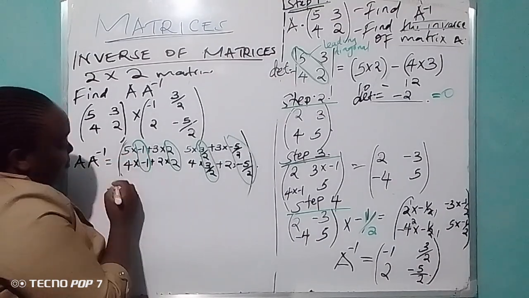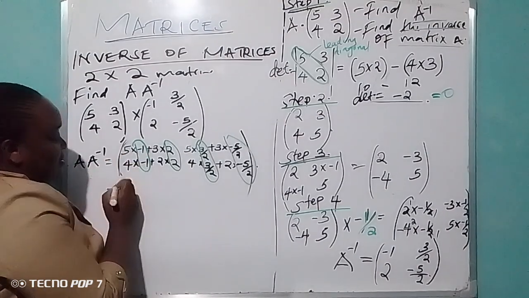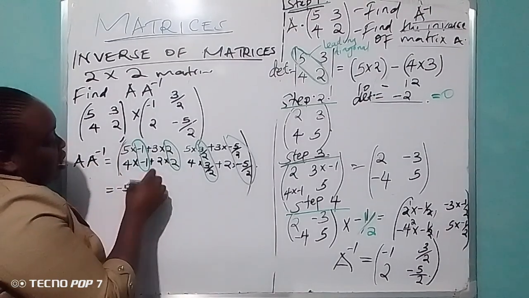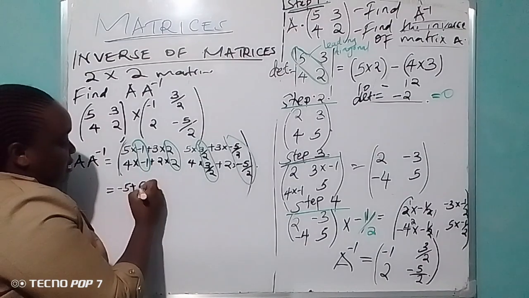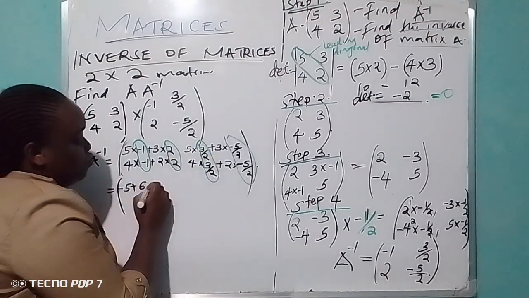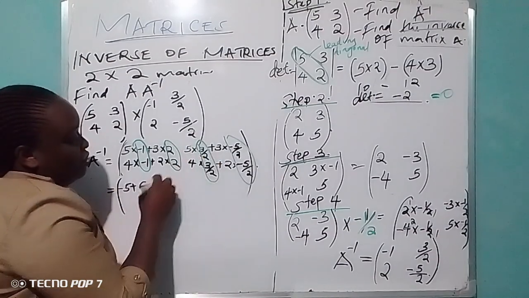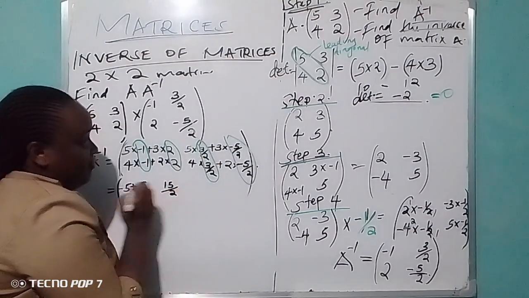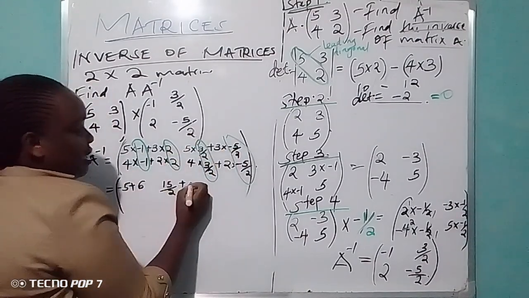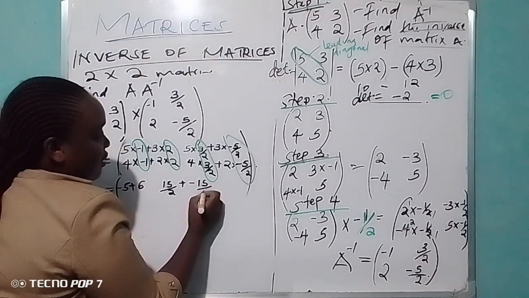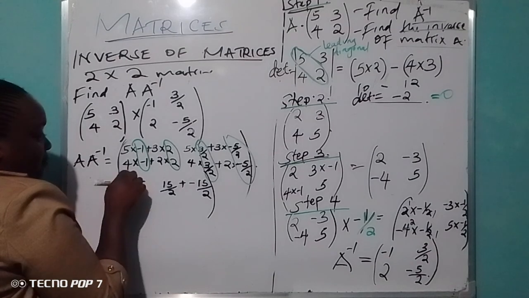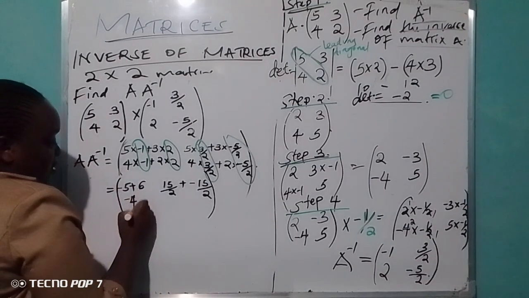So 5 times negative 1 is negative 5 plus 3 times 2. 3 times 2 ni ngapi? 6, ndio? 5 times 3 over 2 inakuwa 15 over 2 plus 3 times negative 5 over 2, negative 15 over 2. 4 times negative 1 is negative 4, sindio?